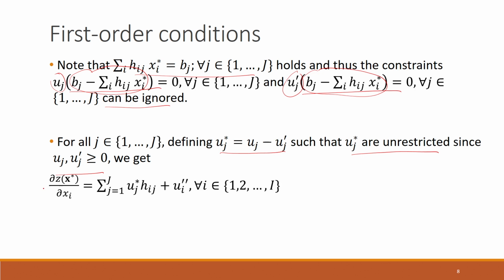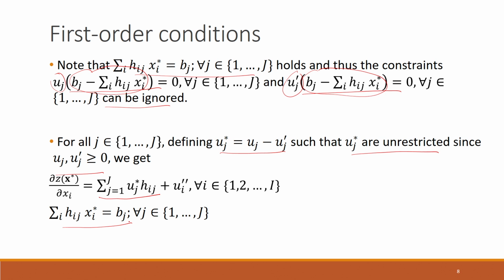So the first set of conditions has been simplified by replacing uj minus uj dash by uj star. This is that term here. And the next two sets of constraints have just been replaced by this.